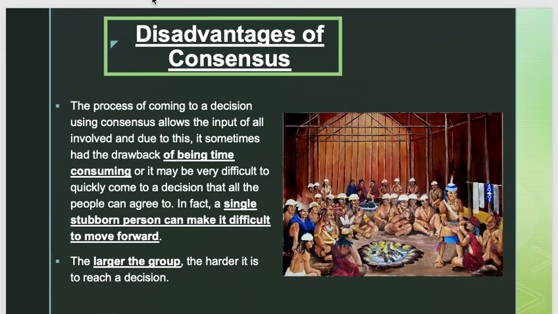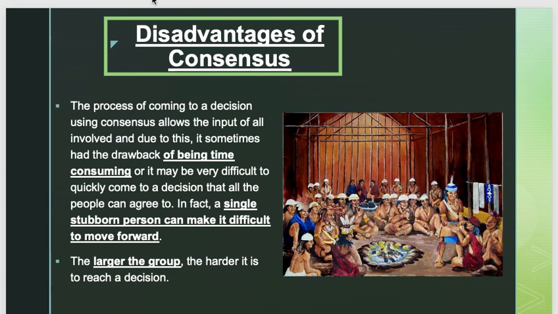Disadvantages, though, is that it is very time-consuming. Think about how long my videos are, right? Now you're making a decision with me and how long I talk. Decisions don't come quickly because they have to hear everybody out. And then a single stubborn person can also make it very difficult.